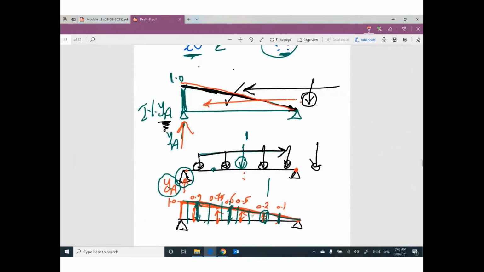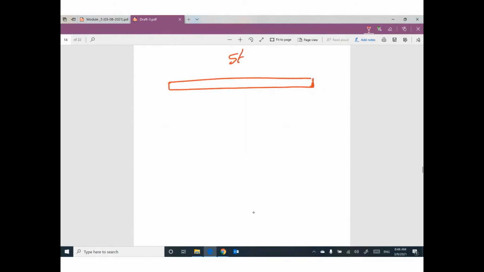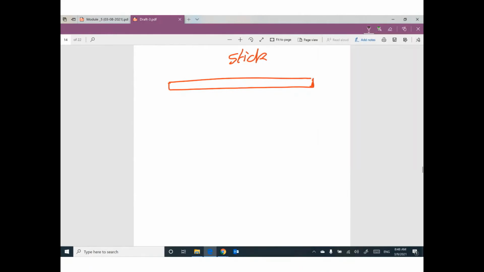Before starting, I have a question. If you have a piece of stick, like this one, 1 unit, 1 part, and you put this stick on this support and this support.